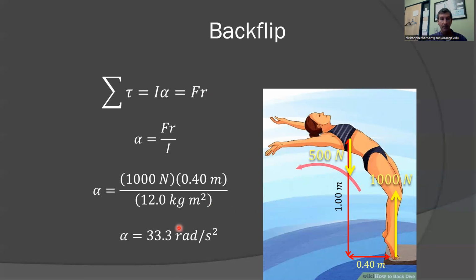And again, we see that as she's pushing off the board, she is going to receive torque, which is going to result in an angular acceleration of 33.3 radians per second squared.